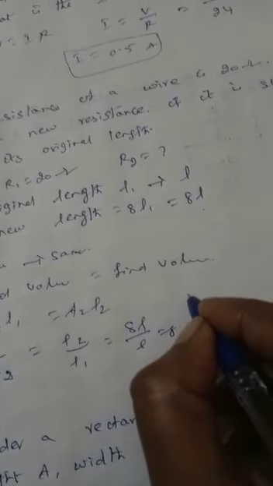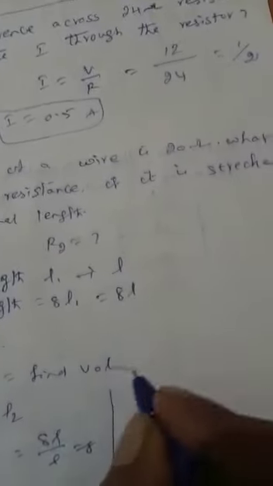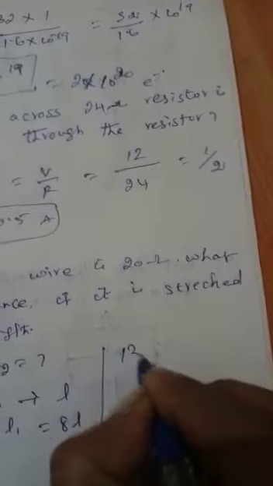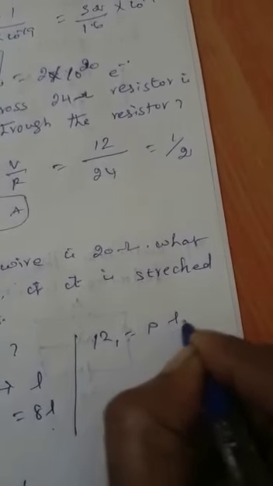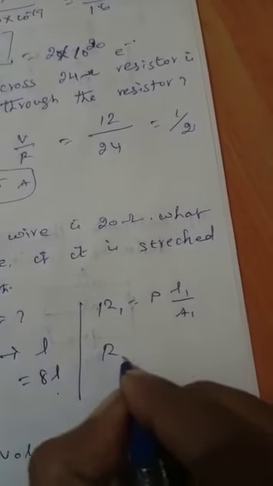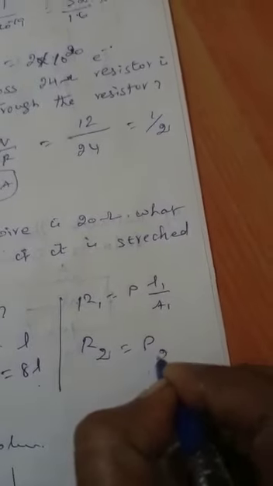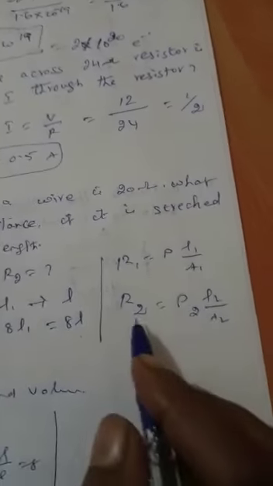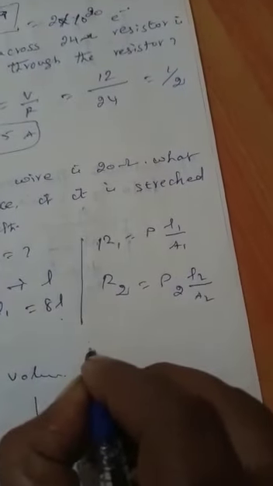Okay. First resistance, we know R1 is equal to rho into L1 by A1. New resistance R2 is equal to rho into L2 by A2. Now we are going to divide R2 by R1.